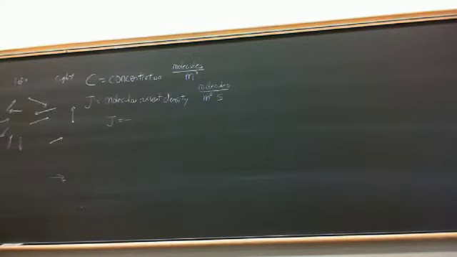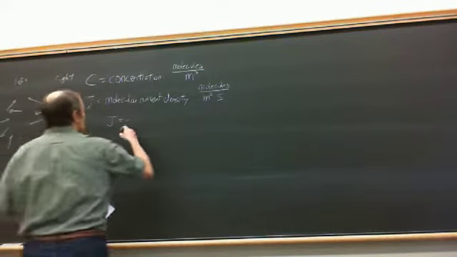The gradient would be going from larger concentrations here to smaller concentrations here, so the derivative, dc/dx, would be negative, yet the current is going to the right. You need the minus sign.